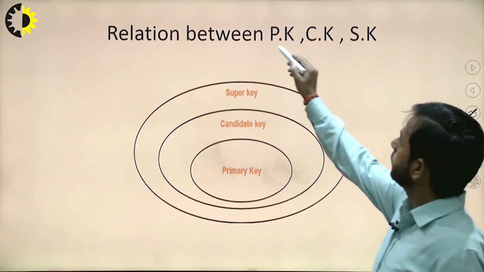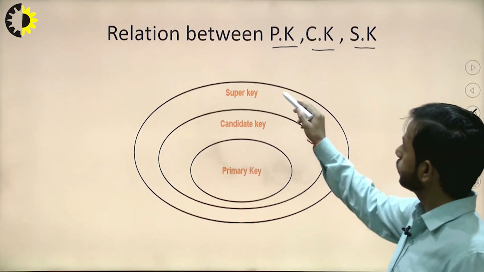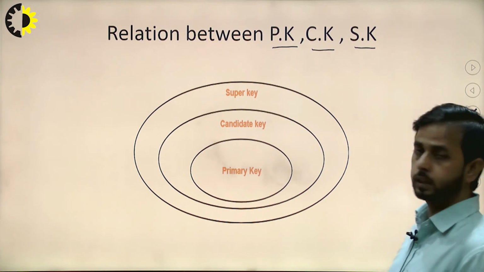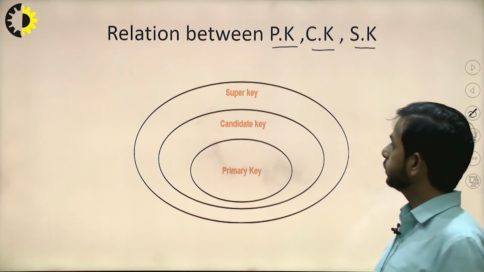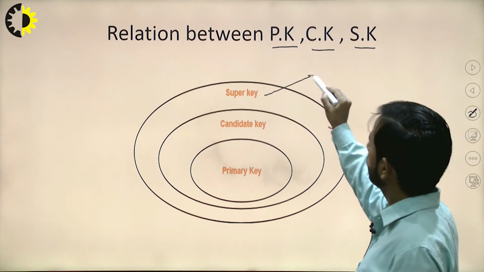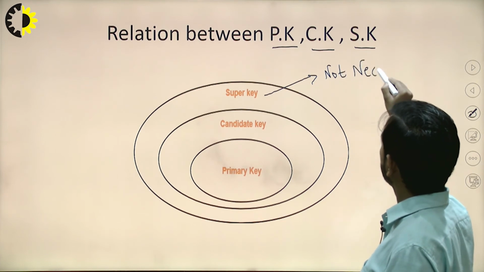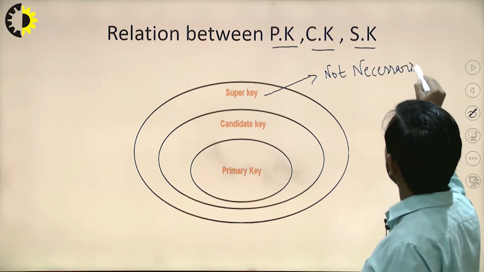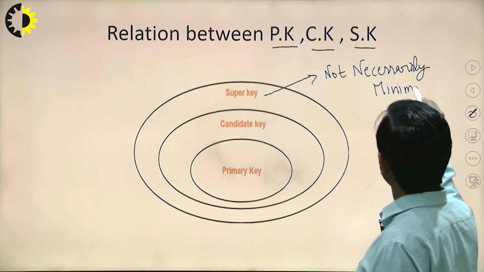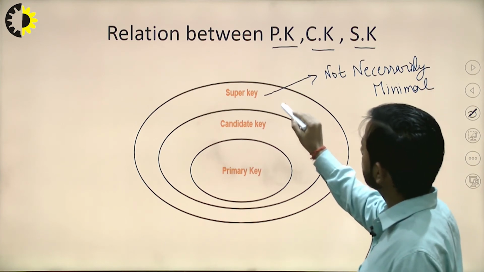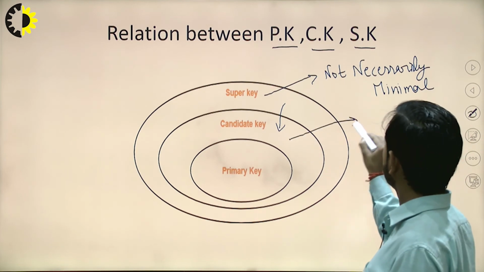Next, the relation between primary key, candidate key and super key. A super key is a set of attributes that identifies all the records uniquely; it is not necessarily minimal. A minimal super key is known as a candidate key.